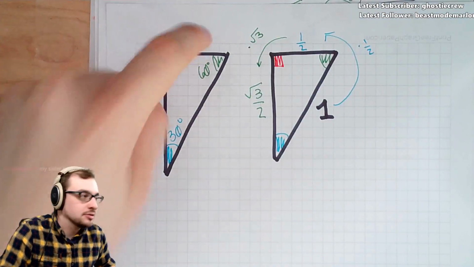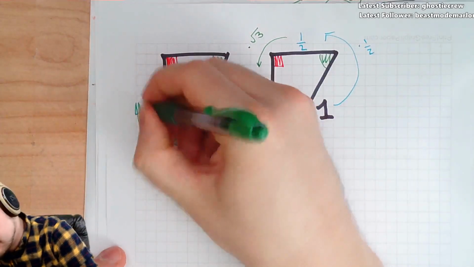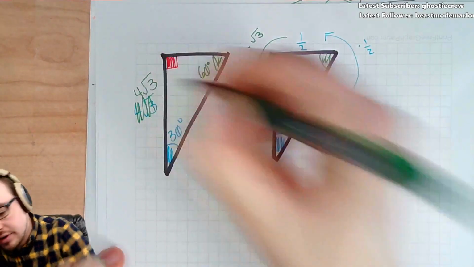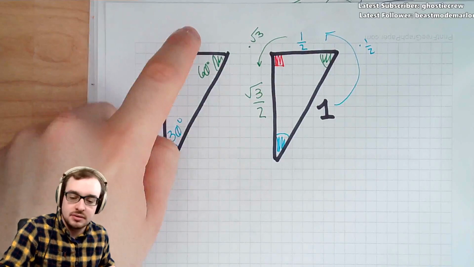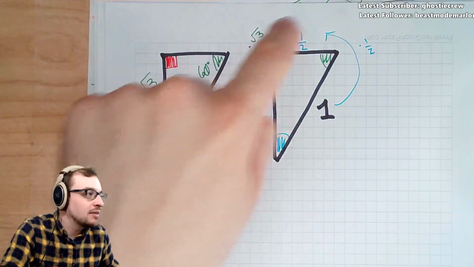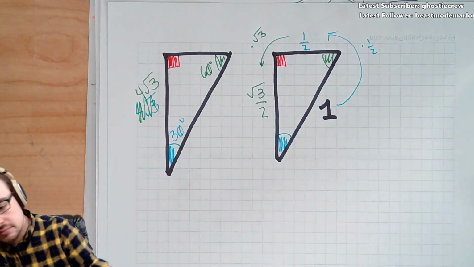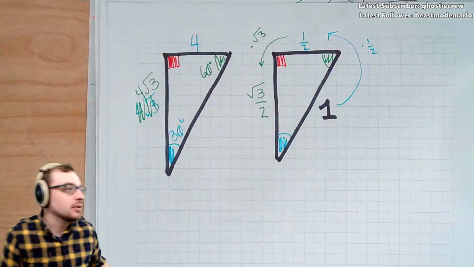So we've got to work backwards. Let's make this guy green, root 3. So we've got to move backwards to figure out what this guy is. So instead of timesing by root 3, we're going to divide by root 3. So what's 4 root 3 divided by root 3? 4, right? So that guy's 4.